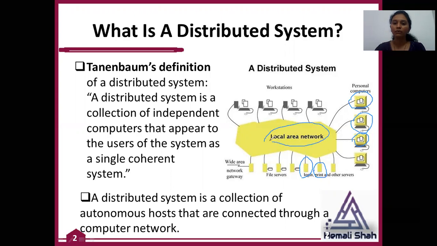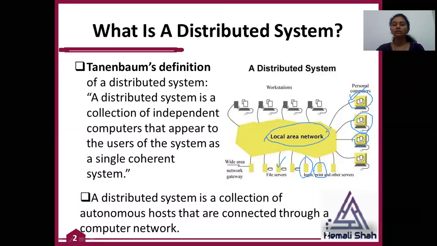All these computers are connected, and if someone is working on a computer and using this file server, that person cannot identify where the actual server is and where this data is coming from. If you can create such a system, then it is called a distributed system.